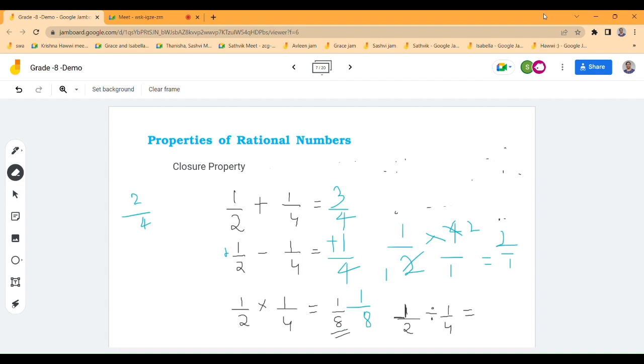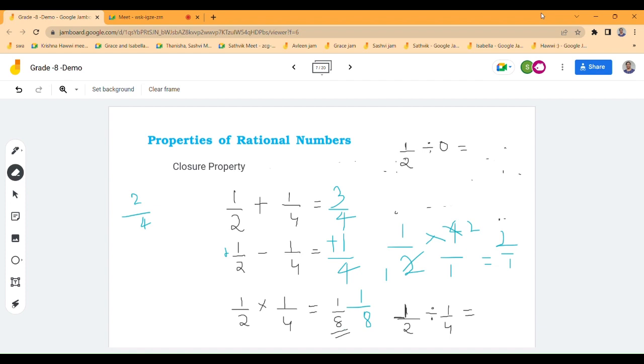In this case, we got 2 by 1, which is a rational number. But if we are dividing it by 0, what will be the answer? Ma'am, we cannot divide it by 0, because division is not possible with 0. Division by 0 is not defined.